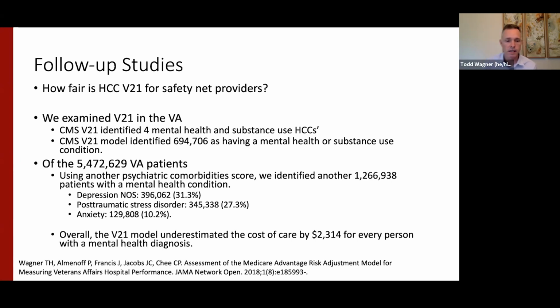When we created this psych CMS risk score, we identified almost double who had a mental health substance use problem. The things that version 21 was missing were depression not otherwise specified, PTSD, and anxiety. And so we estimate that the average cost of care was underestimated considerably by version 21 for safety net providers. And it's very interesting now, version 24 for HCCs includes a lot more mental health substance use conditions.